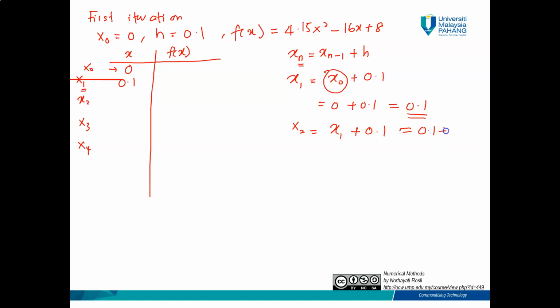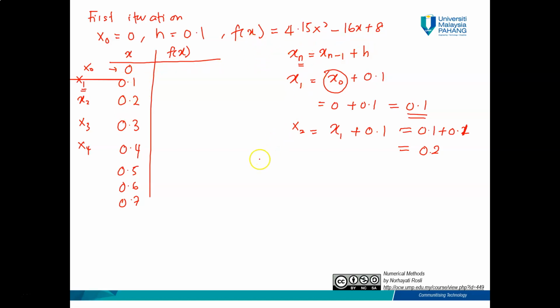So 0.1 plus 0.1, you got 0.2. So x2 is 0.2, the next one will be 0.3, 0.4, 0.5, 0.6, 0.7, and so on.